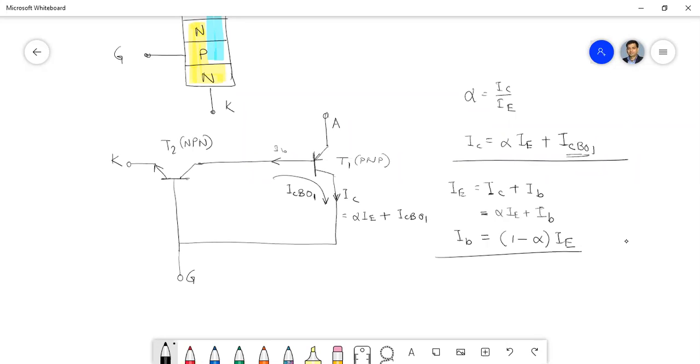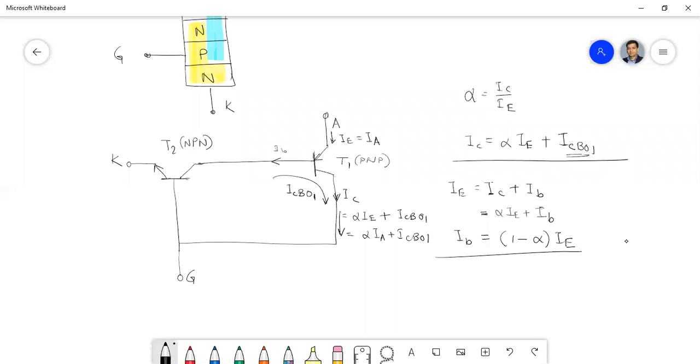Here this current is not IE; this emitter current is equal to the anode current, IA. So we can write alpha IA plus ICB01, which is the current flowing in this path.